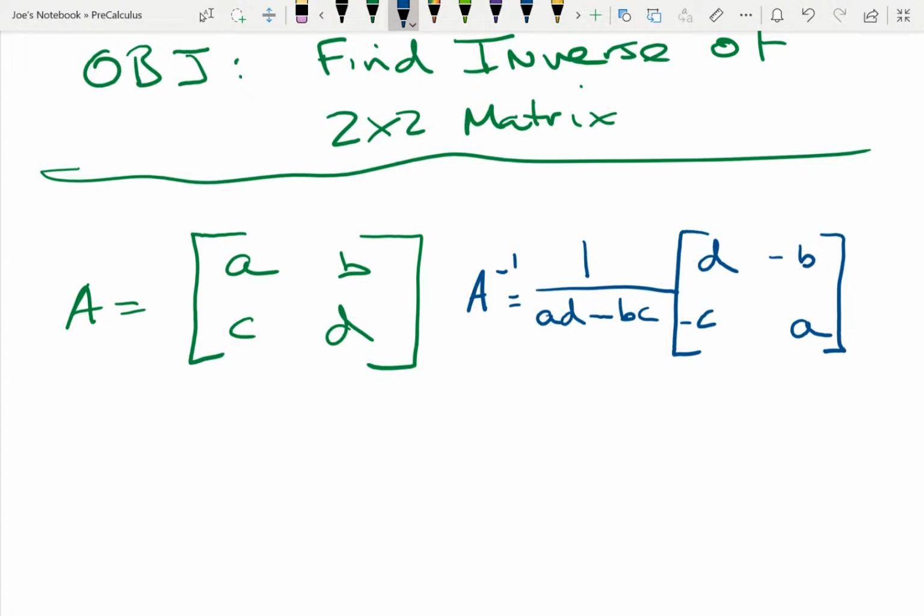What's up? No, it would not matter. What would be different is if you did 1 over BC minus AD, then you'd get the negative of what you're supposed to get.